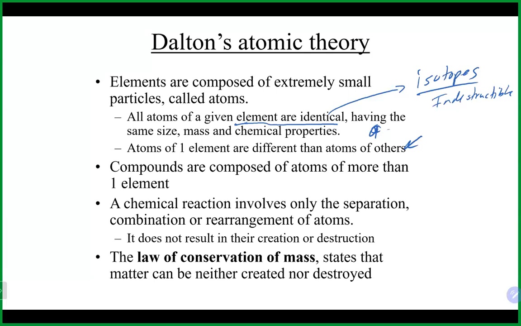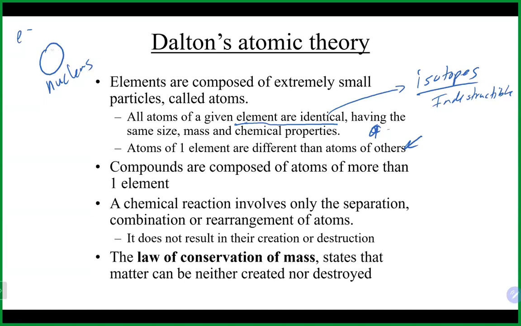They are indestructible in a sense because there's nothing really happening that would destroy an atom and make it into something else. So as we'll talk about, we have our nucleus, and then we have our electrons on the outside of the atom.